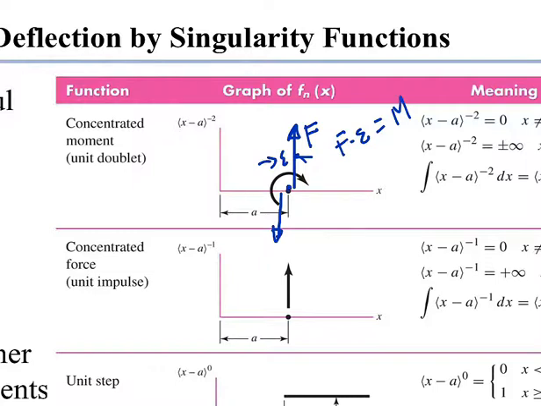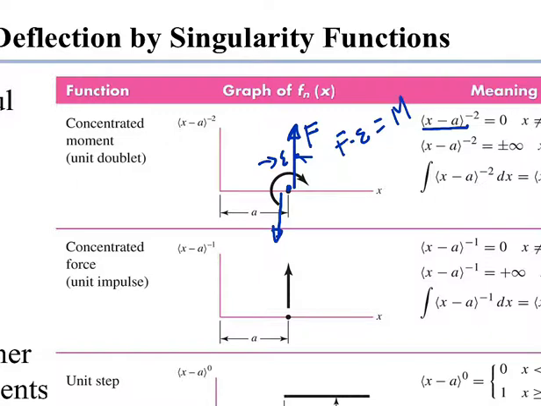In order for us to represent the location of this function and the doublet that we have, if we know the value of the moment, we can use the function x minus a to the minus 2 in between the angular brackets.